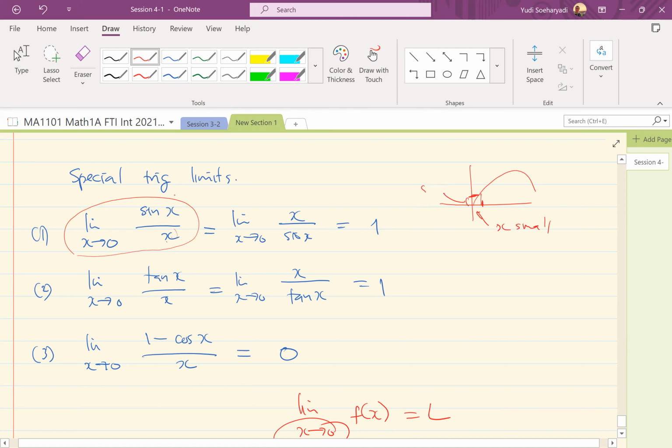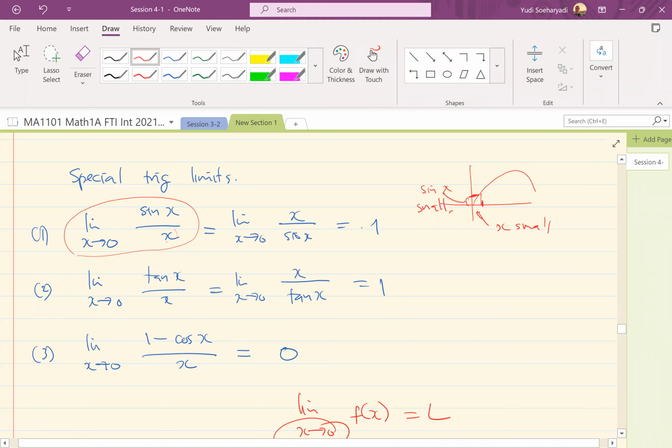So you are dividing small by small, and the answer in this limit is 1. What this says is that small divided by small is comparable, because they are almost the same.